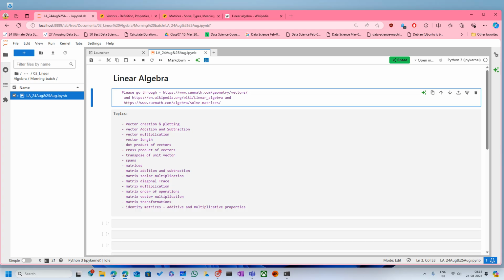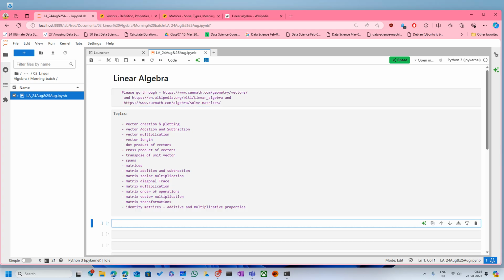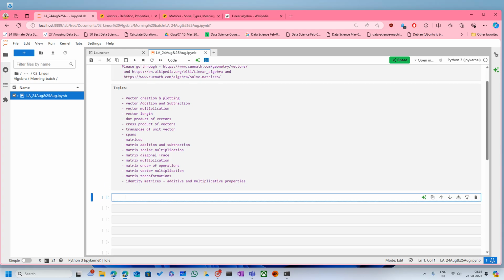Any data can be represented in the form of vectors and matrices, and we can calculate operations on it. That way we can understand the data better. That is why we are learning linear algebra. Linear algebra is important for us simply because, magically or mathematically or just the way things are in the universe, any data that has been captured can be converted into vectors and matrices. Okay, let's start with our vector understanding.